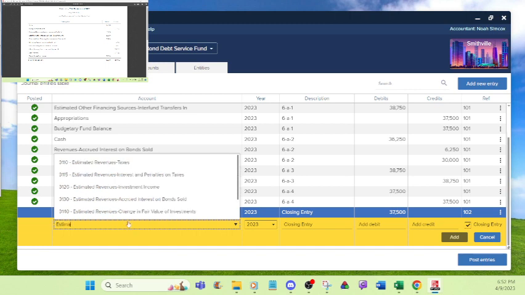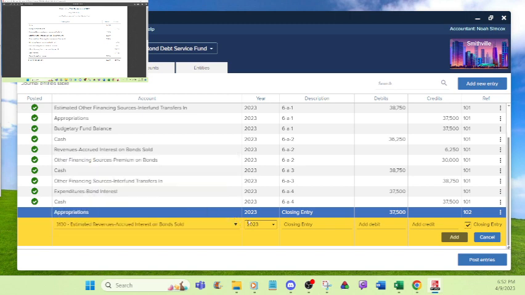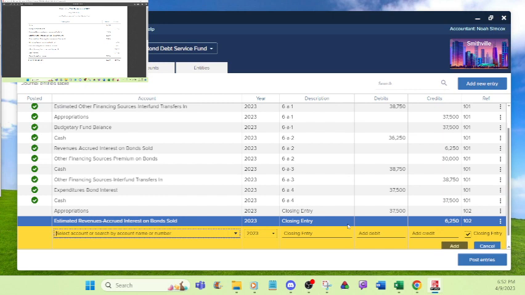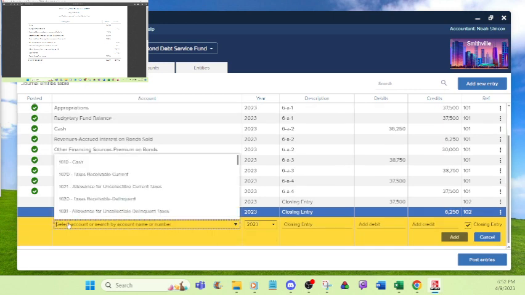Man, like, budgetary stuff is just annoying. You literally just put it there and then take it away. That's all you do. Revenues, accrued interest on bonds sold. Estimated revenues, estimated other financing sources, premium on bonds.